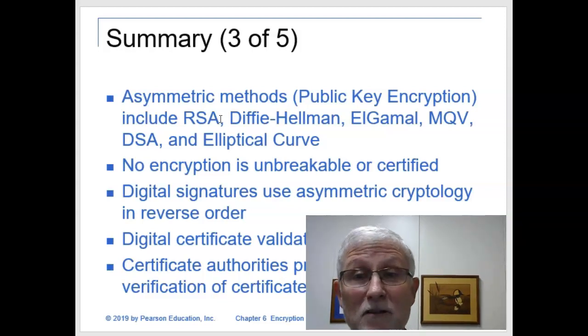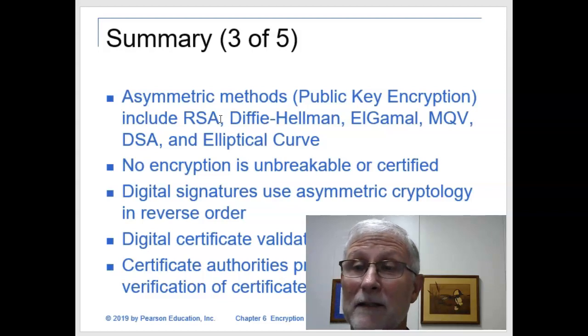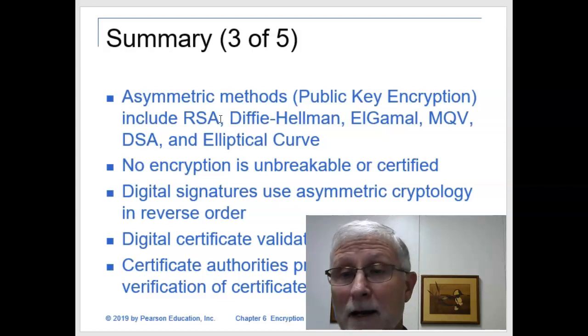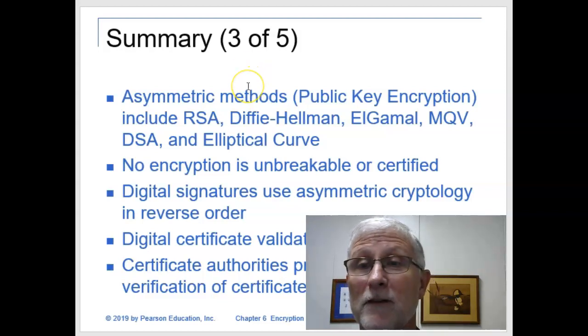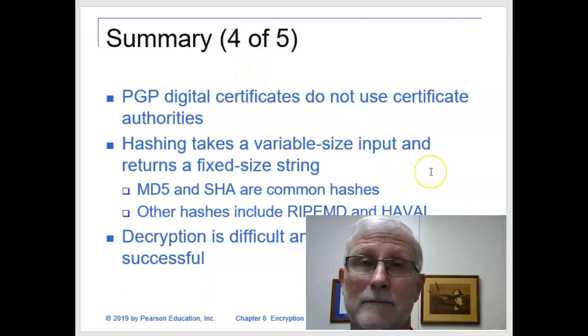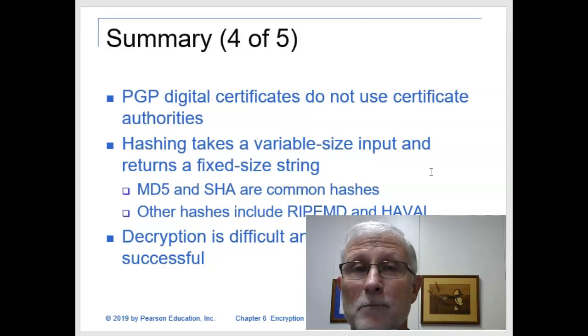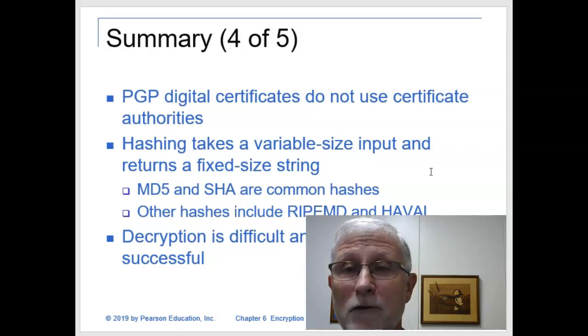Digital signatures are basically asymmetric cryptography in reverse order, but they're just to identify and validate the users. There are certificate authorities that provide trusted verification of those certificates. If you don't need a third party, you can use Pretty Good Privacy, which doesn't use certificate authorities.